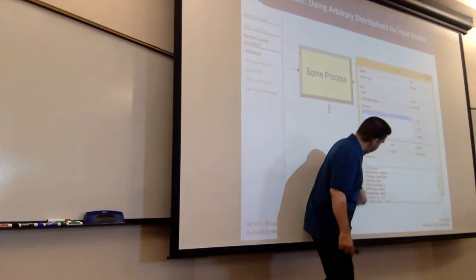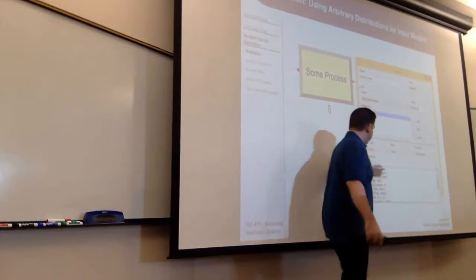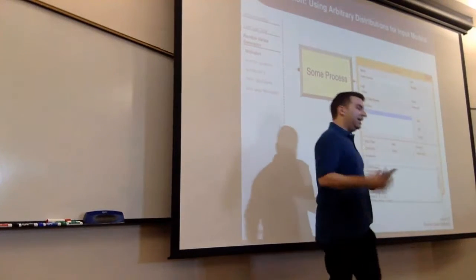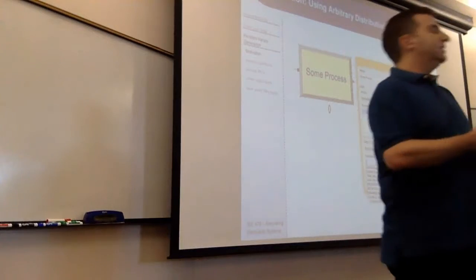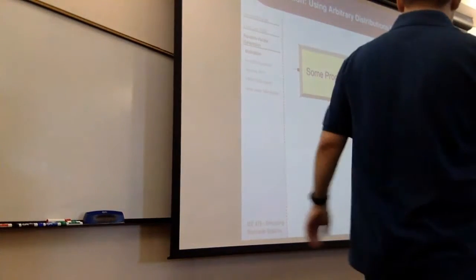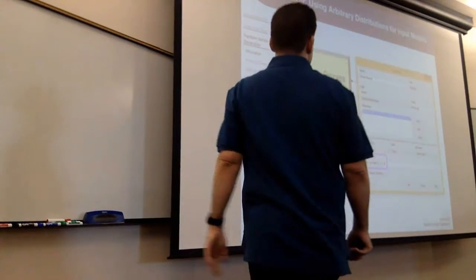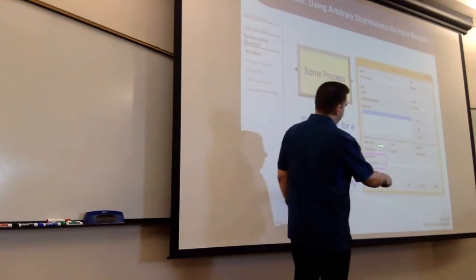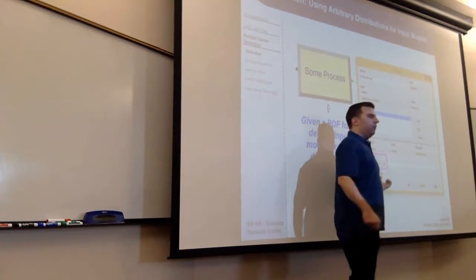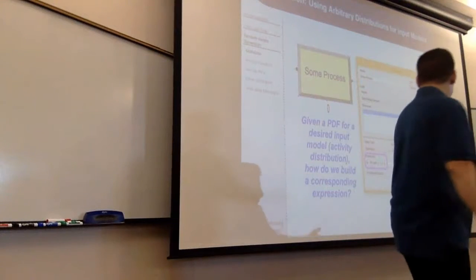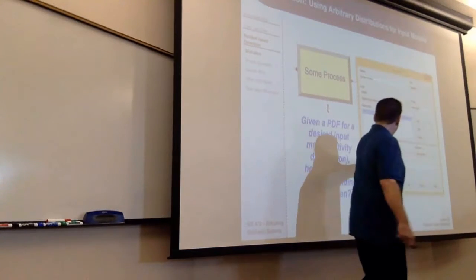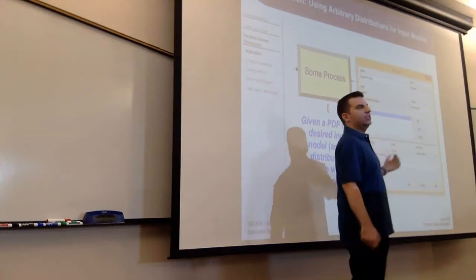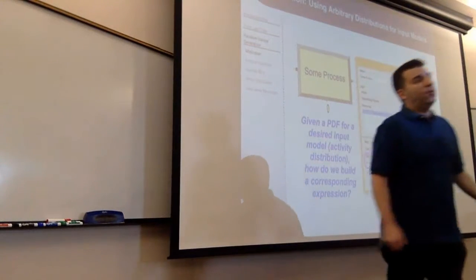But if your distribution isn't in this list, then the question is, what do you do? That's what we're addressing now, is how to build these expressions. The simple case we started out with, I think in one of the earlier labs, is if I wanted a uniformly distributed random number between 2 and 4, there's a simple formula for that.